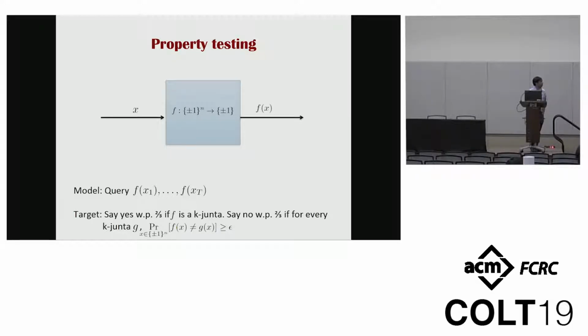So what is property testing? In property testing, you have oracle access to a function, so the algorithm can query the function at any point and get its value. And the aim of the algorithm is the following.